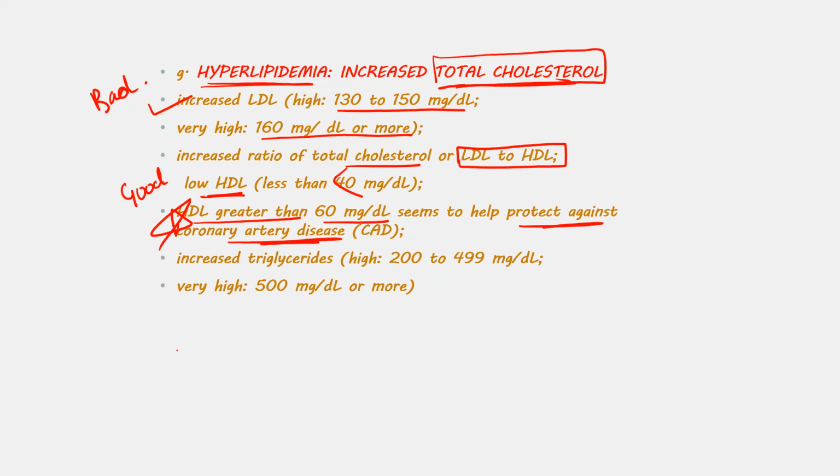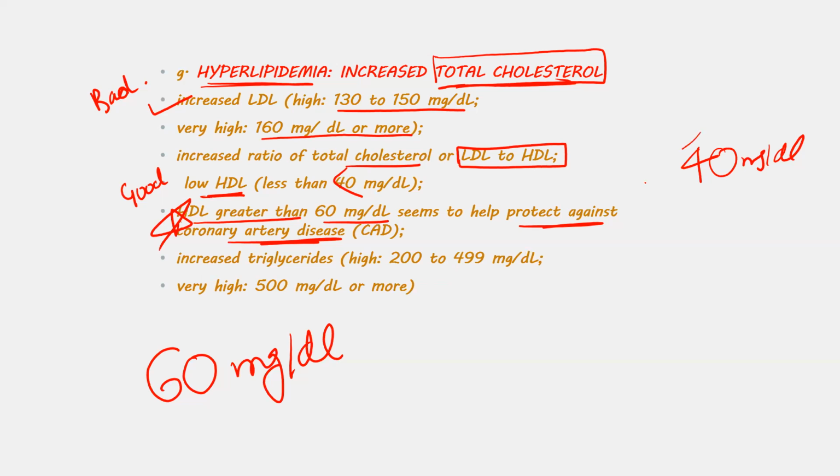So we have to remember that the HDL should be more than 60 mg per deciliter. But in a patient having CAD, the HDL is 40 mg per deciliter or less.